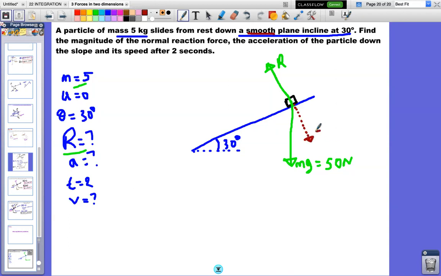You will have 50 cos 30 here. And there is a parallel direction. You have 50 sin 30 here.